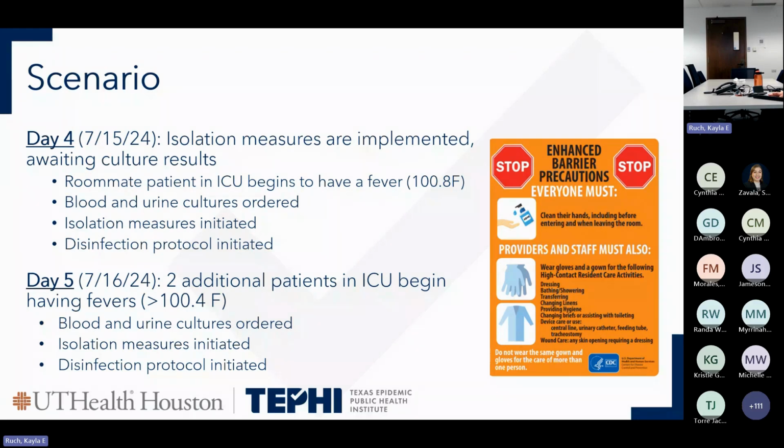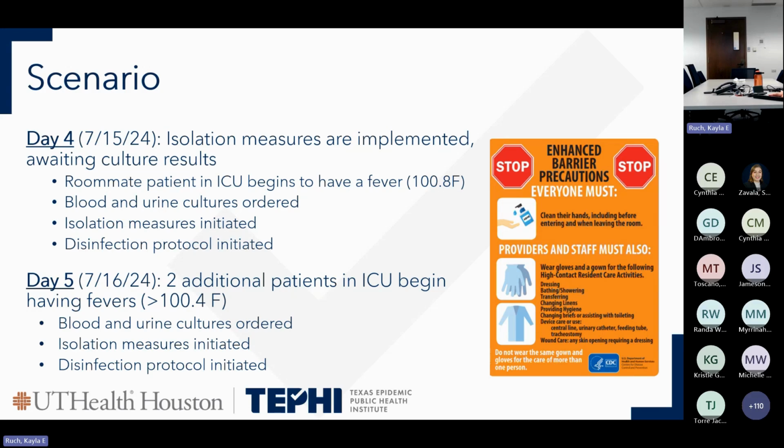And then at this time, the roommate now becomes symptomatic, having a fever of 108. So now we're ordering new blood cultures and urine on the roommate. Isolation measures are implemented on them. And then we're also confirming our disinfection protocol and making sure that we're using the right products.